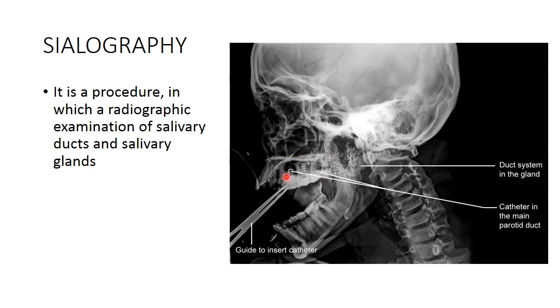We take a plain radiograph of the face, parotid and submandibular, to rule out any radio-opaque stone in the salivary gland. Then a fine cannula is inserted into the opening of the duct using a lacrimal duct probe to guide the cannula.